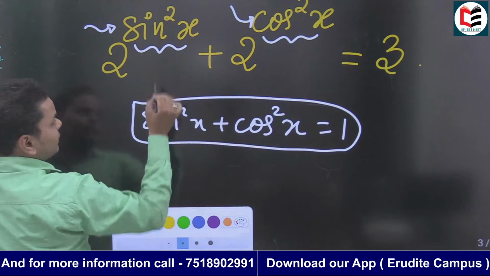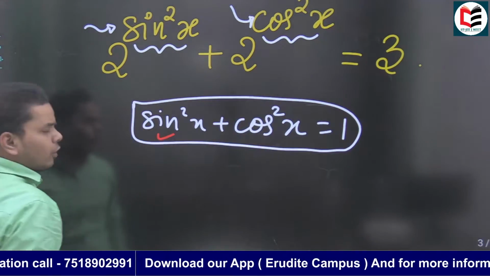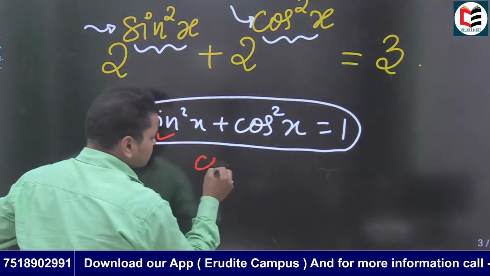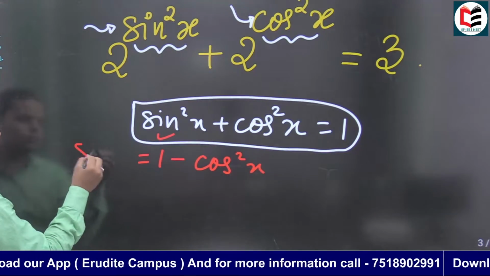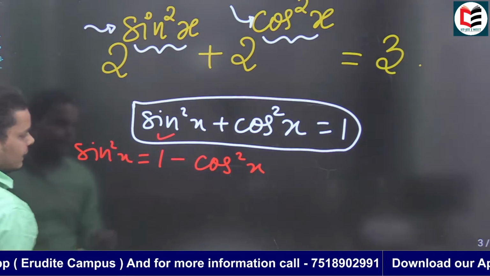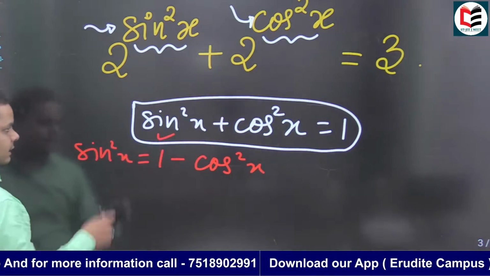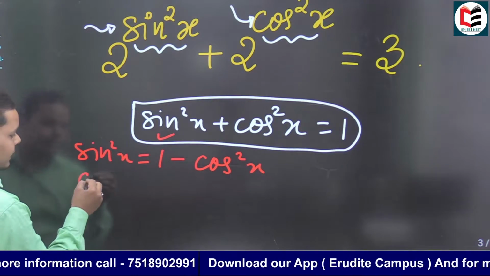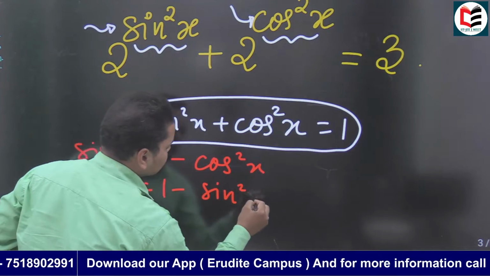Now we know that if we change sin square x in terms of cos square x, we get 1 minus cos square x equal to sin square x. And if we change cos square x in terms of sin square x, we get cos square x equal to 1 minus sin square x.